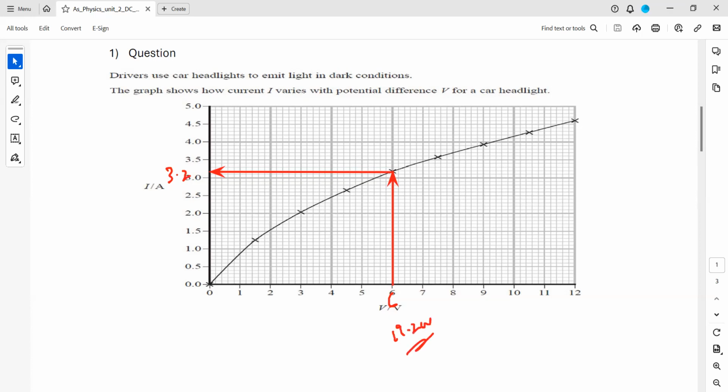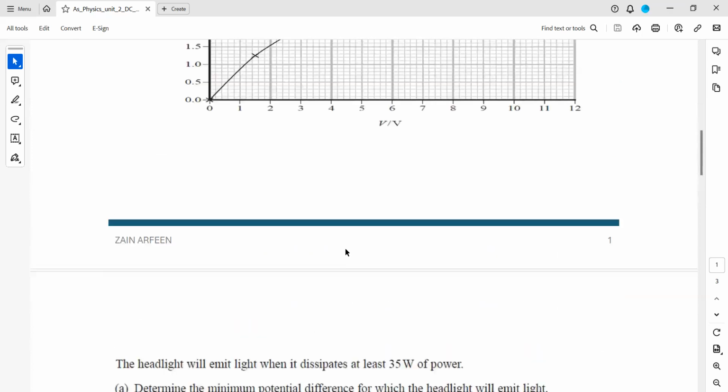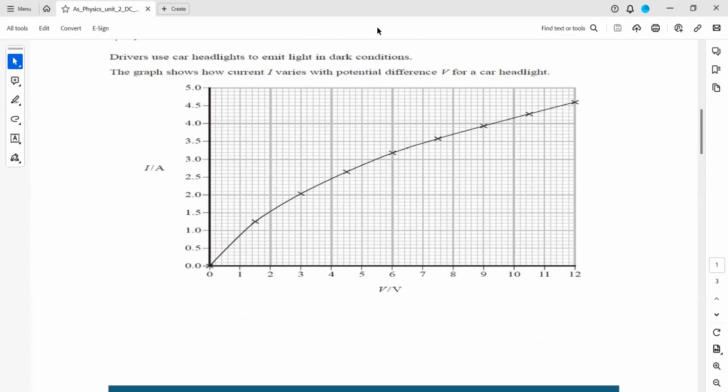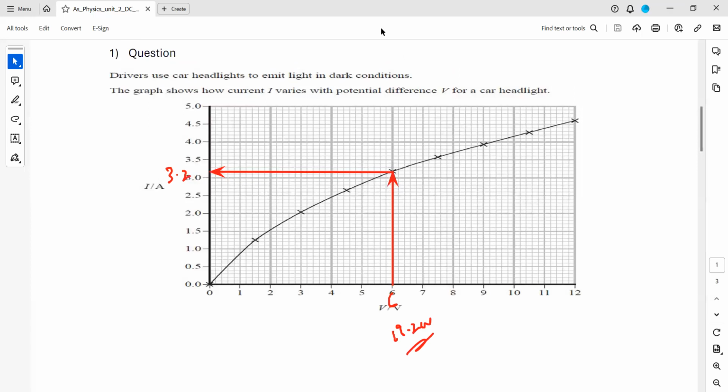So 19.2 means it is not sufficient, because we want the minimum power to be 35. It means the product of voltage and current should be 35. So this is not giving the result.